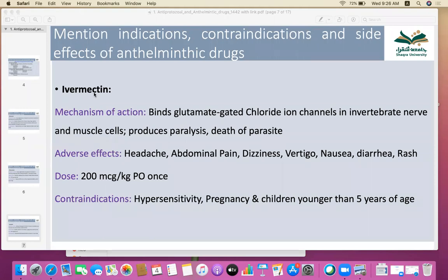Mechanism of action of ivermectin: it binds glutamate-gated chloride ion channels in invertebrate nerve and muscle cells, producing paralysis and death of the parasite.